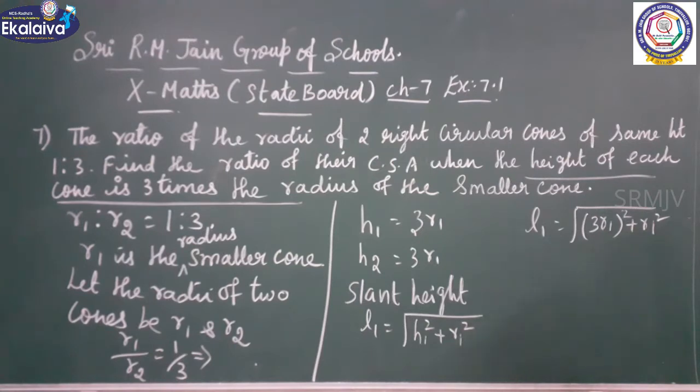You can keep the value R1 as it is, because it is the radius of the smaller cone. You don't make it two variables.